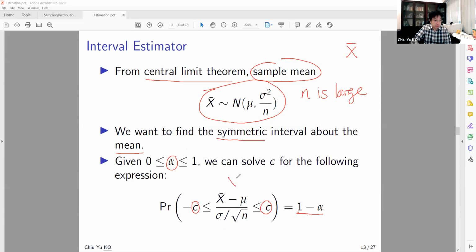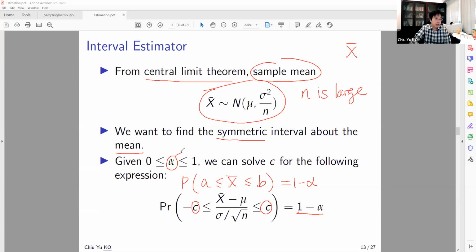Or actually, we want to find A and B. Alpha is the weighting, any number between 0 and 1. It stands for some probability.